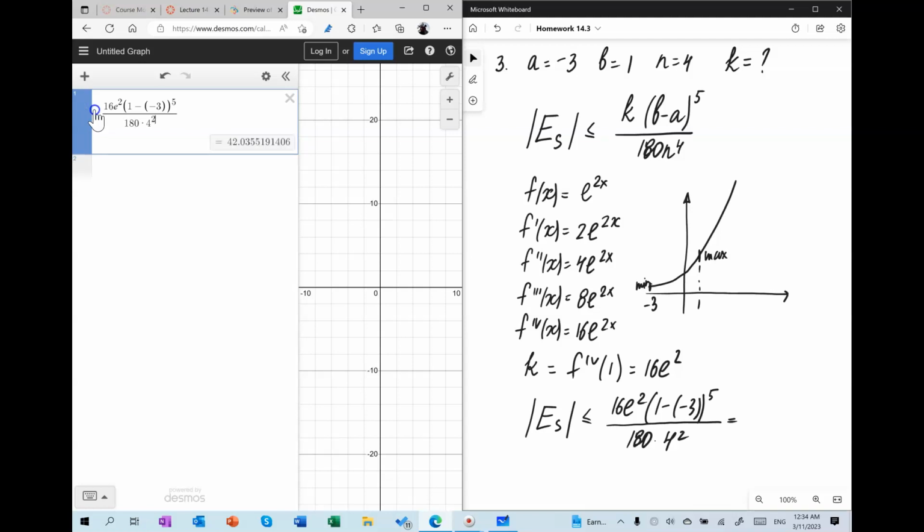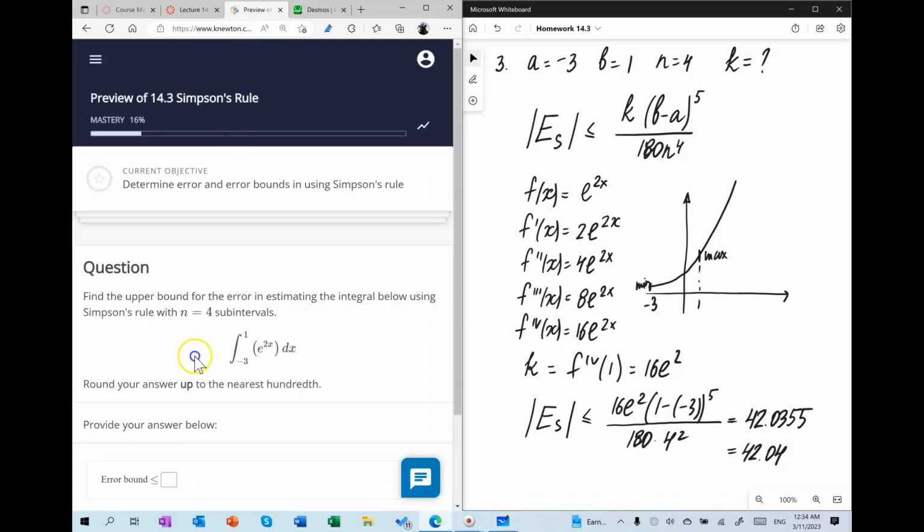And the answer is 42.0355, and we're going to round to the nearest hundredth. So the answer is 42.04.